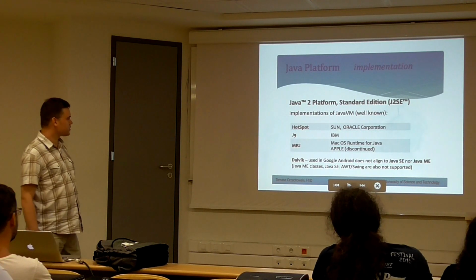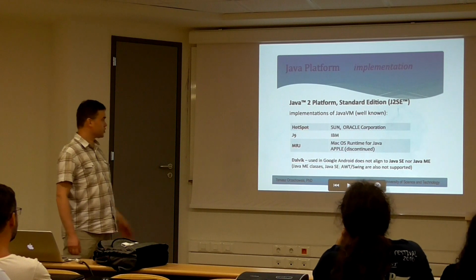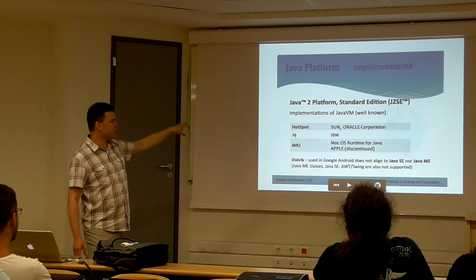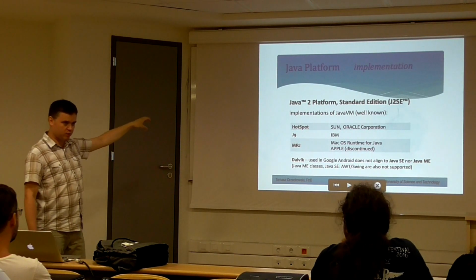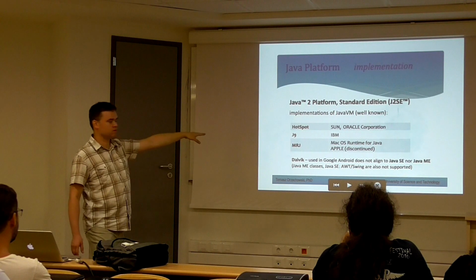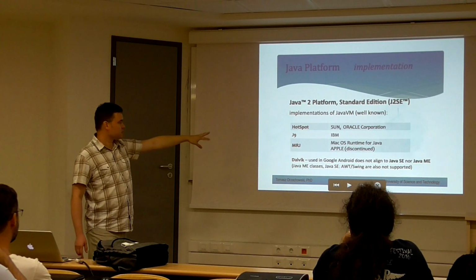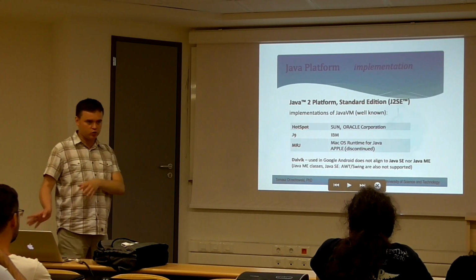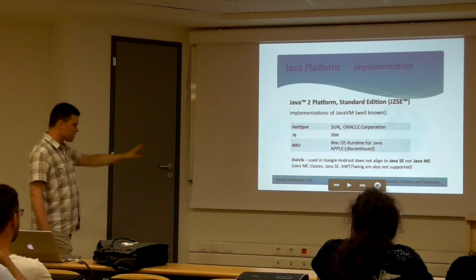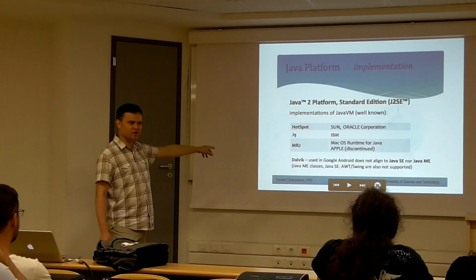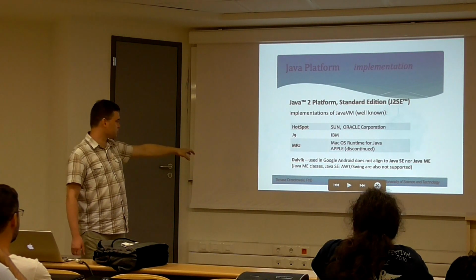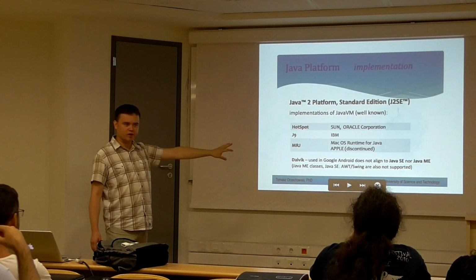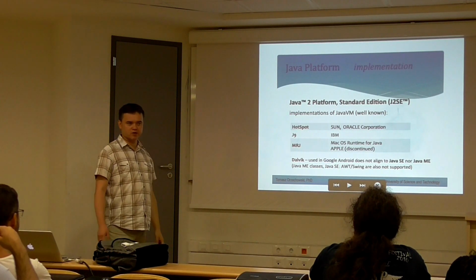Now we can see different versions of different implementations of the Standard Edition. HotSpot is the name of the implementation provided by Oracle. J9 is from IBM. Discontinued is a version done by Macintosh, so now we are using Oracle as well. And Dalvik, tomorrow I will tell something about applications for Android. You will see that Dalvik is not just Java Standard Edition nor Java Micro Edition.